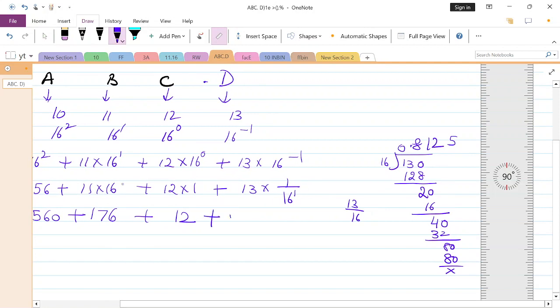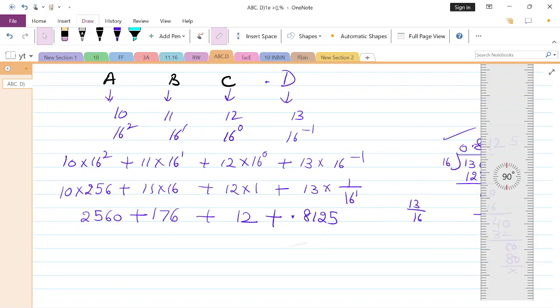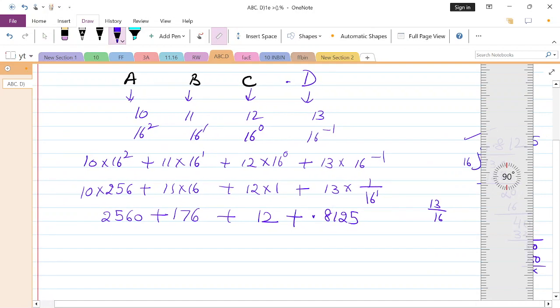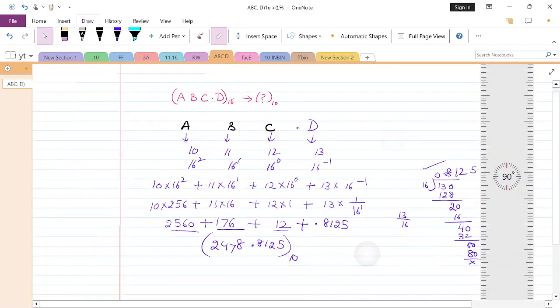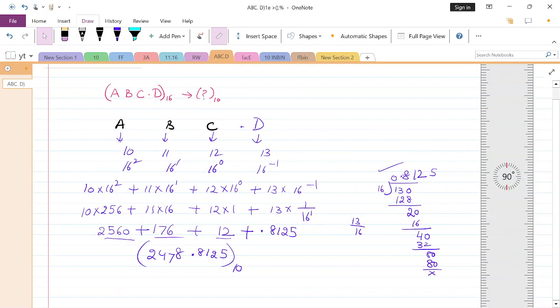So this is what you will get, 0.8125. I have done this manual calculation. The fractional portion is only one figure, so just add up these three numbers and you will get 2478. So ABC.D is equivalent to 2478.8125.